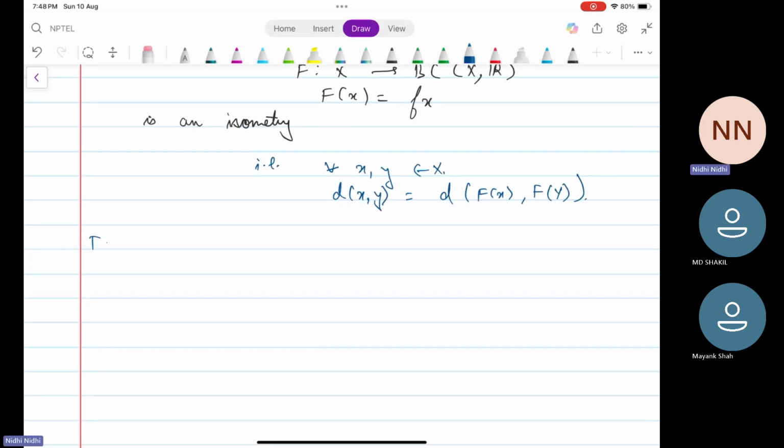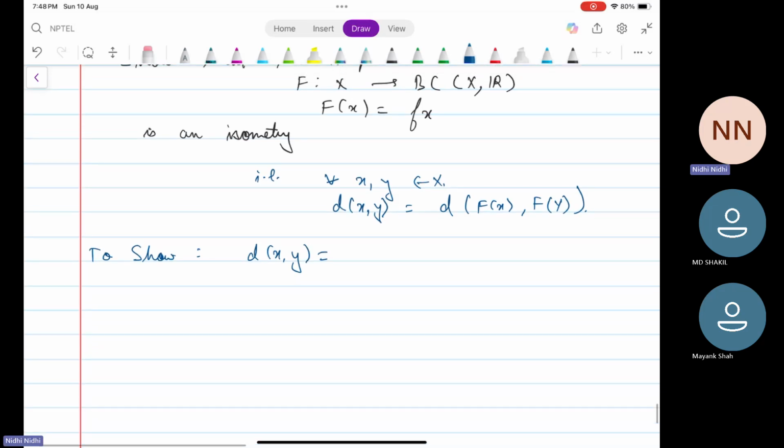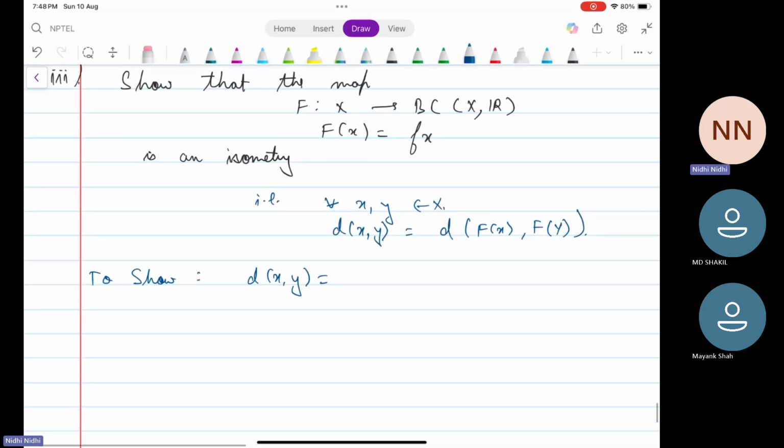That is, we need to show that this distance between x and y is equal to, so we are in the operator norm now, we have bounded continuous functions, F(x) minus F(y), where this norm is the operator norm.